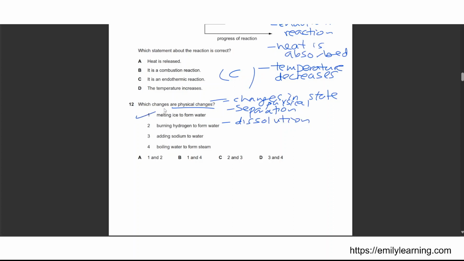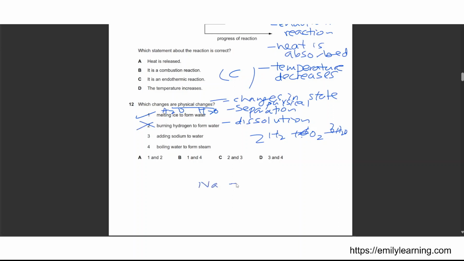Ice is basically H2O in solid form. Water is basically H2O in liquid form. Water remains as water. This is a physical change. Burning hydrogen to form water. So H2 plus O2, you form H2O. This is not a physical change. This is a chemical change because your hydrogen and your oxygen form a different compound, which is water.